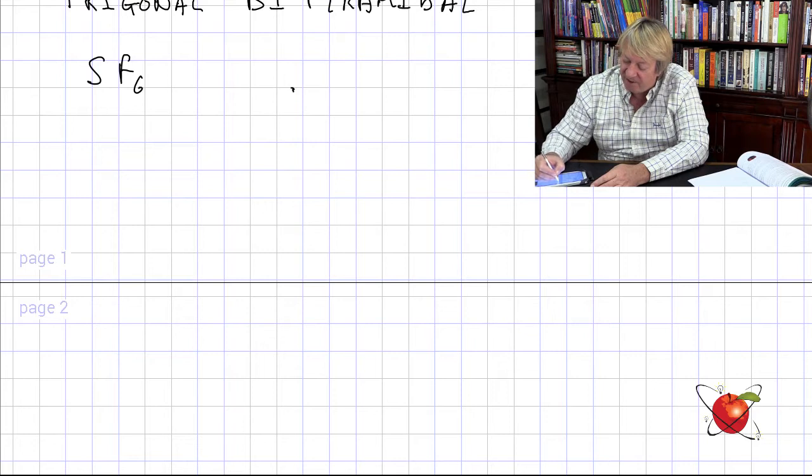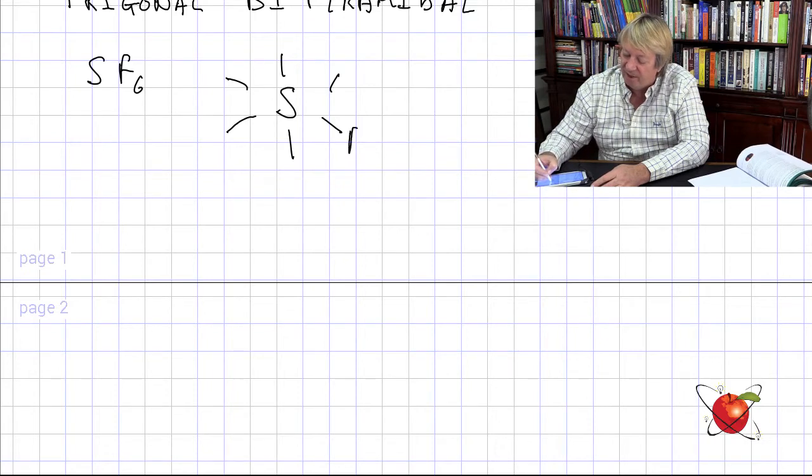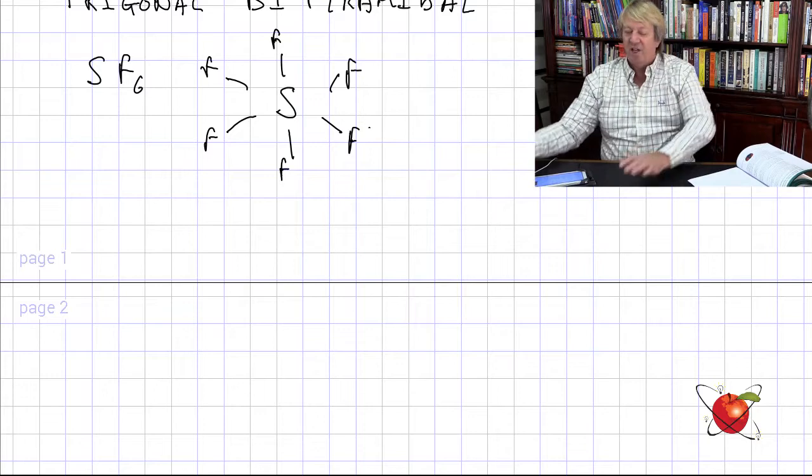So let's put a sulfur, 1, 2, 3, 4, 5, 6. Sorry, not FLs. Fluorine, F, and another F there, and another F there. So it could form a central with 6 all the way around it, couldn't it? As a planar, almost a hexagonal planar thing.